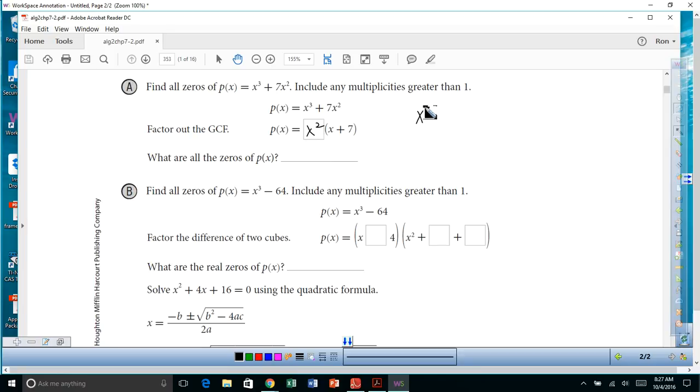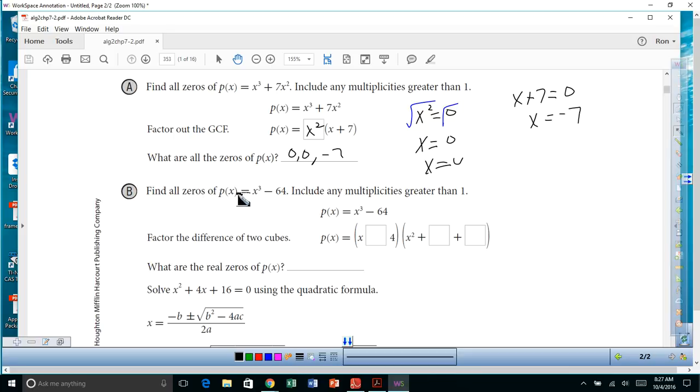If you set x squared equal to 0, that's going to give you 0 and 0. Take the square roots of both sides, and you get x equals 0. And then what about the other factor? x equals 0 and negative 7, because x plus 7 equals 0. Subtract 7 from both sides, and you get x equals negative 7.